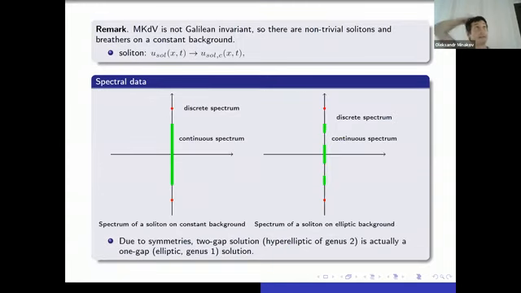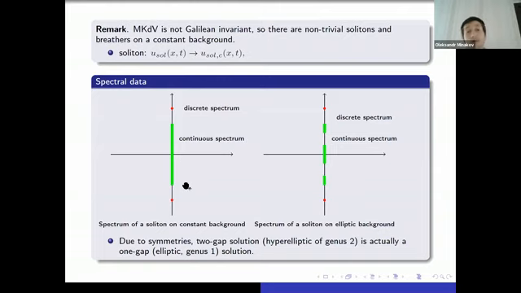There are also spectral parameters associated to the MKdV equation via the Lax pair. So we can look at those solutions, solitons and the elliptic wave, from the point of view of the spectral parameter. In terms of the spectral parameter, solitons correspond to discrete spectrum in the complex plane, on the imaginary axis.